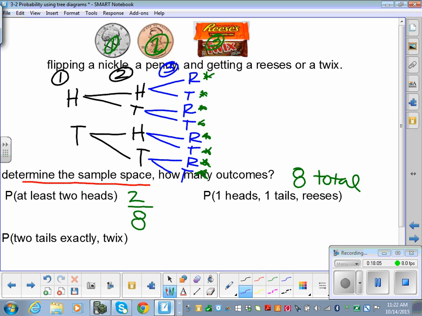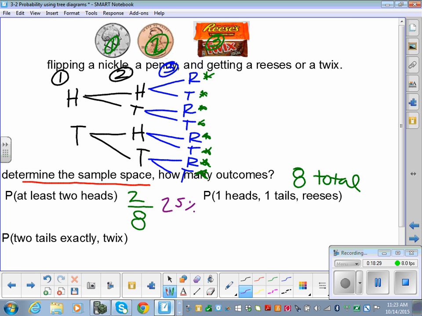So the only place is heads, heads, Reese's, heads, heads, Twix. Anywhere else there was no 2 heads. We had a heads and a tails, tails and a heads, tails and a tails. So does everybody see how it happens twice in our sample space? 2 out of 8. So then you do that in your calculator, and you get 25%. So there's a 25% chance of getting 2 heads.